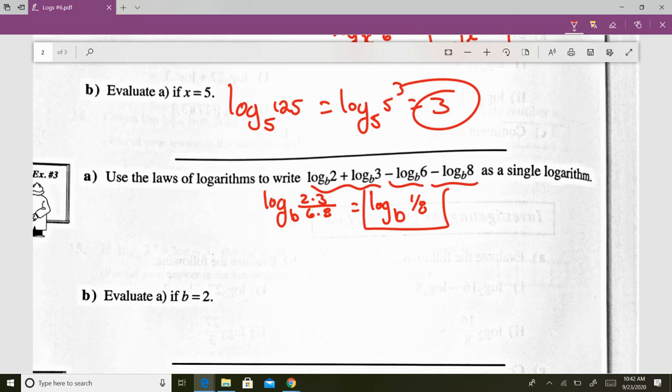If I make b 2, what is the answer? -3, because the 1/8, I want to flip it up, and 8 can be made into base 2, which is 2 cubed. So -3.